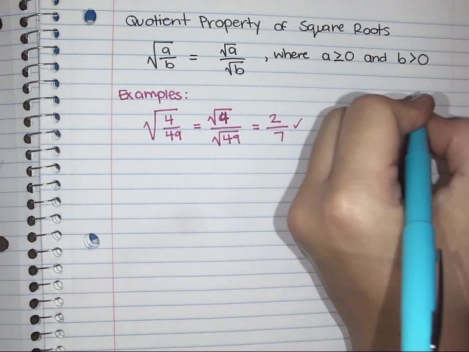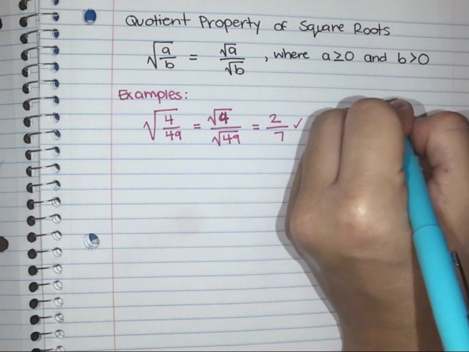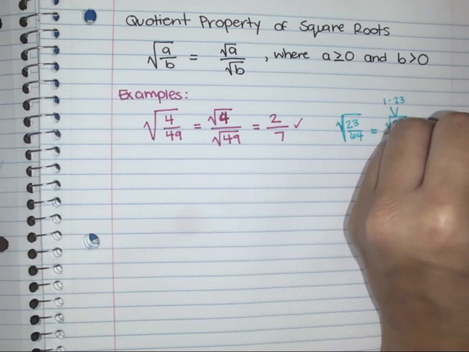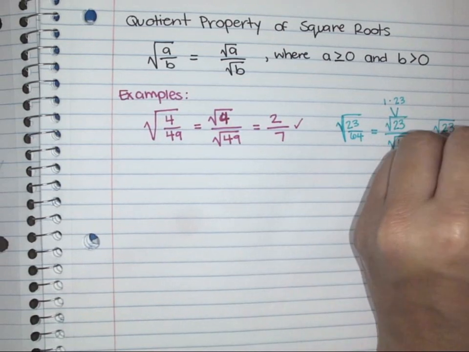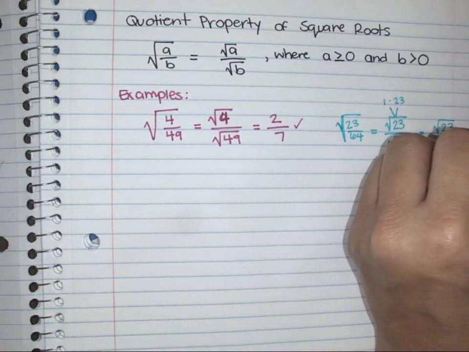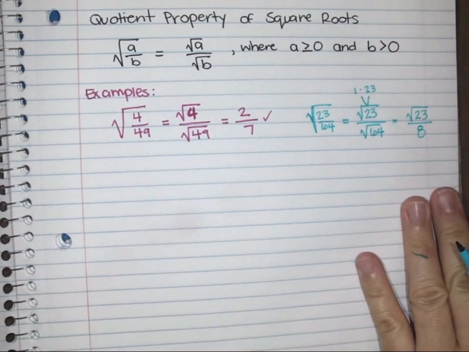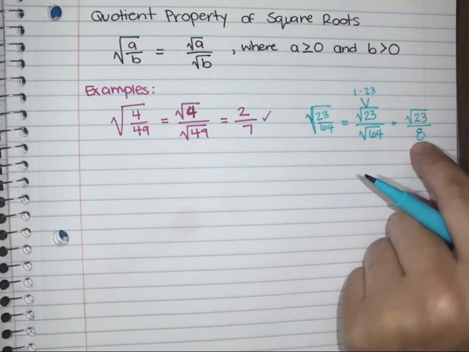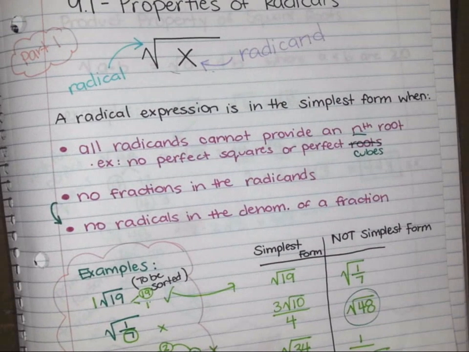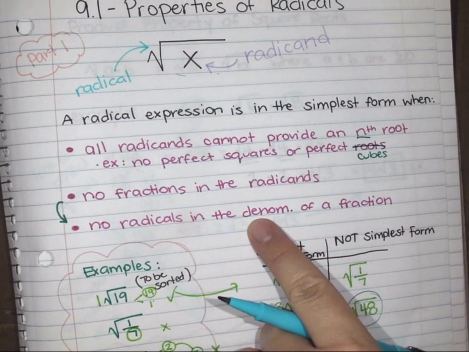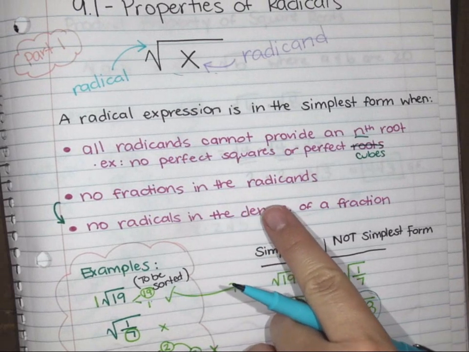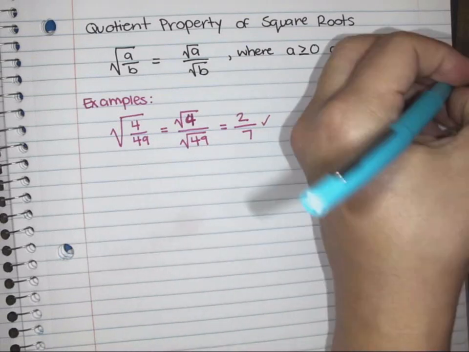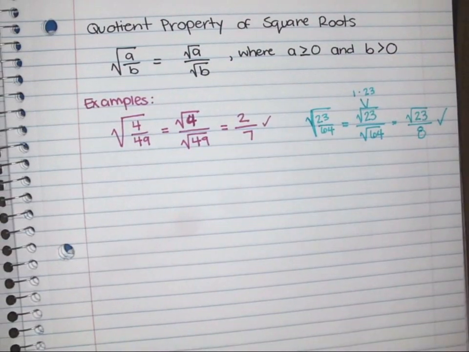Now 23 only has the factors of 1 times 23, so this is already in its simplest form, and the square root of 64 is 8. Since I now have a whole number in the denominator, it meets the criteria. There are no fractions in the radicands and no radicals in the denominator of a fraction. So we are in simplest form.